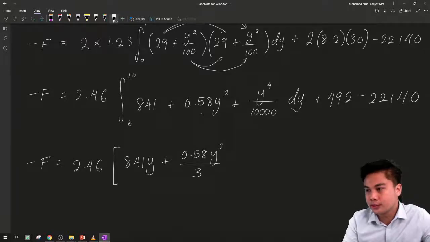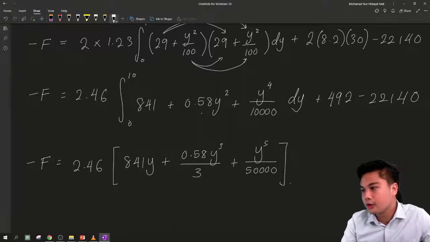The index shall go to the bottom, plus 1, so plus y to the power of 4 plus 1, which is 5, over 50,000, from 0 to 10. And this one you solve, negative 21,648.